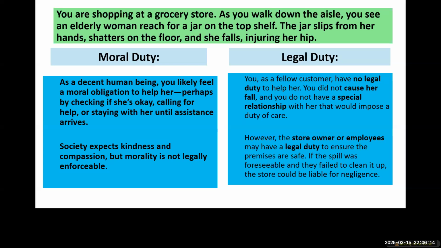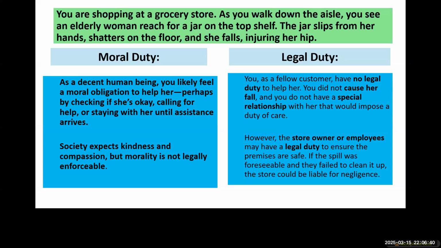Because we like to believe that society expects kindness and compassion, but you're not going to get cited. You're not going to get a ticket. You're not going to get fined if you just walk past, not from a secular perspective. What would a legal duty be? You, as a fellow customer, have no legal duty.